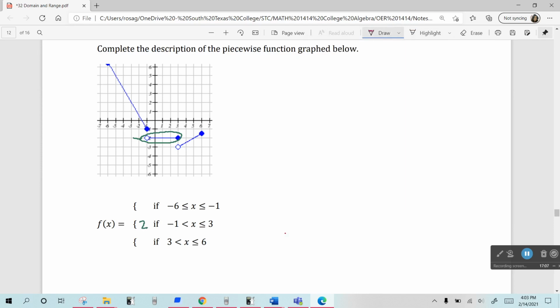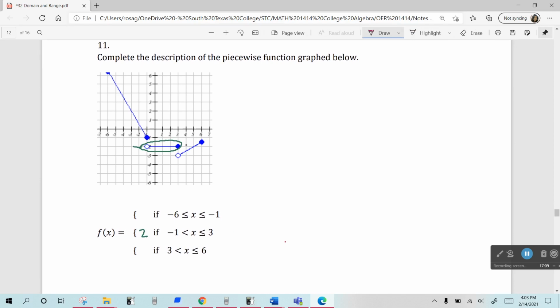For example, this one here, we're going to identify the points. This would be 3 on the x, -3 on the y. I'm just identifying the point, not looking at the open or closed circles. This is 6 on the x, but maybe that one's not the best one because it's not on the exact dot.